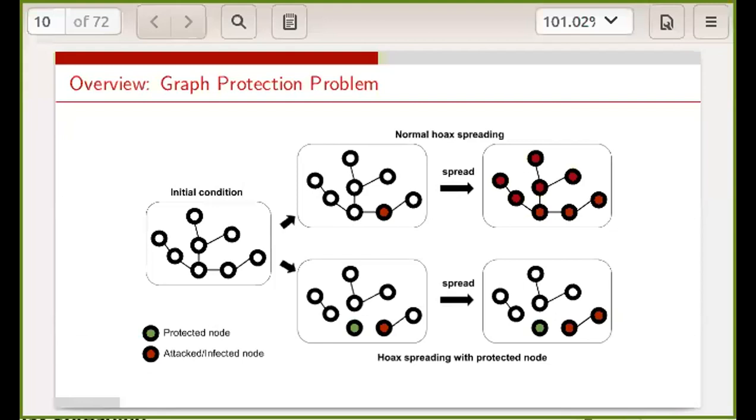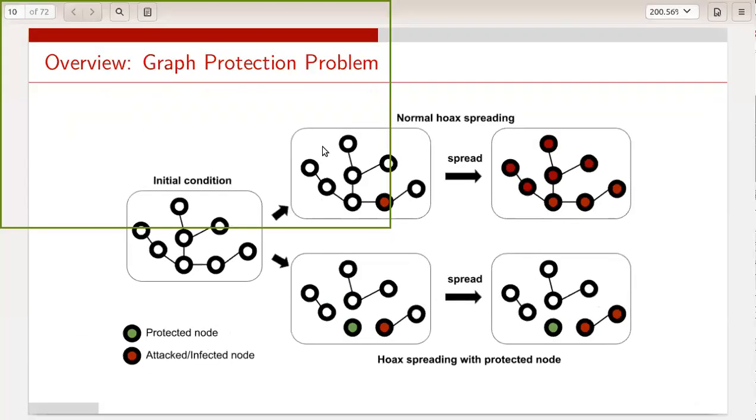Can you show the method or formula to get the degree centrality? Okay, sure, I will share the screen. So here, for example, I want to get the degree of these nodes.